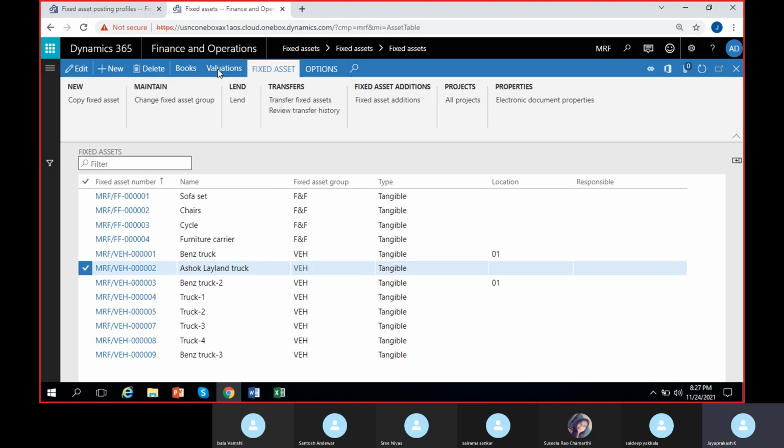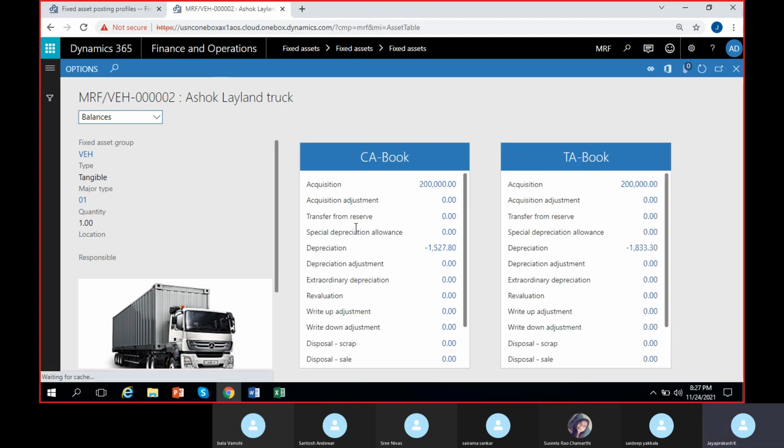If I go to valuations of the Ashok Leyland truck, say according to the Companies Act, we'll just look at it. 2 lakhs is what I have bought it for. I have calculated a depreciation of 1527.80 until now. So the net book value of the asset is 1,98,472.